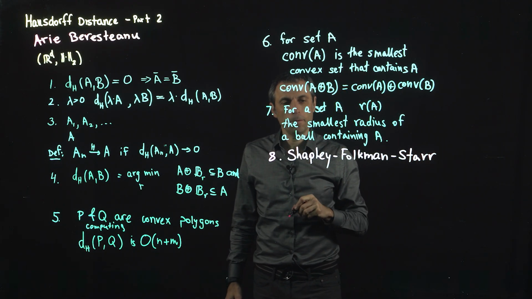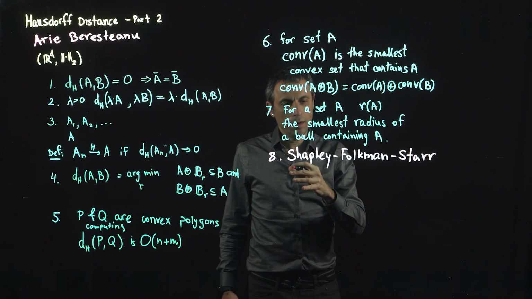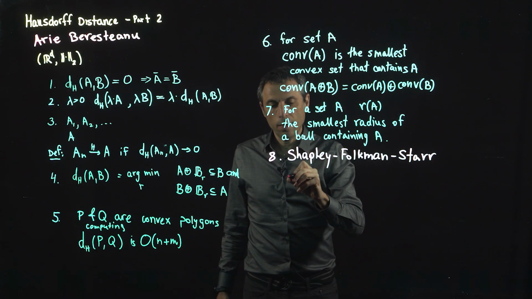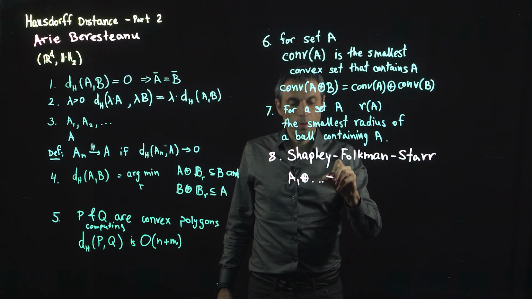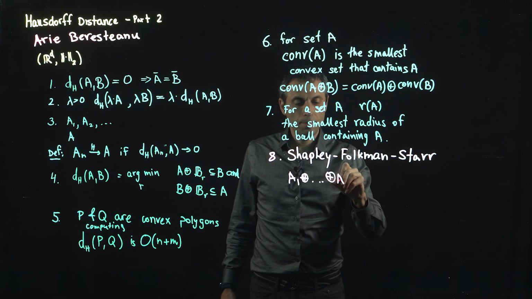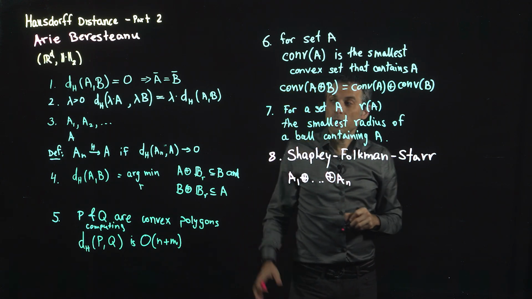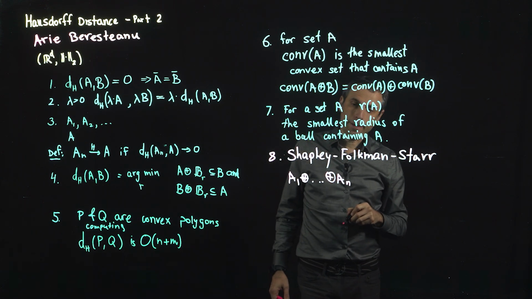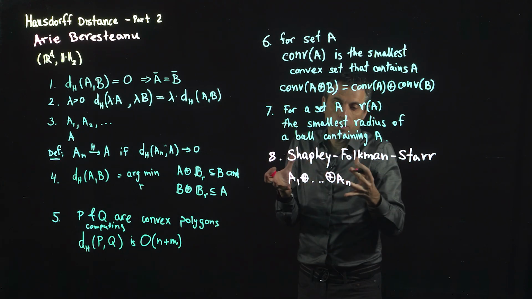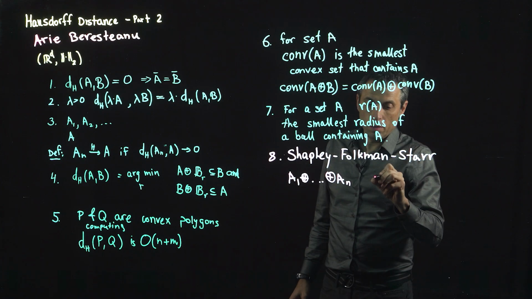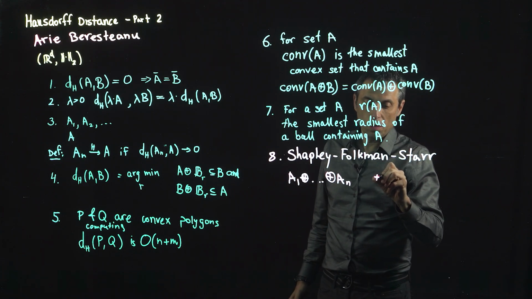Okay, it says the following: if we take a sequence of sets, A1 Minkowski plus, all the way Minkowski sum to AN, and they are all in R^d, and then I'm taking in comparison the sum, again the Minkowski sum, and now I'm going to write it in a more compact way.